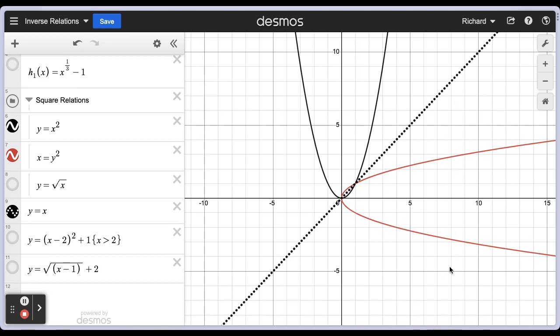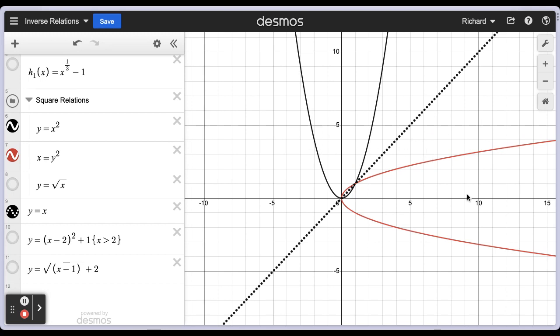So it's a relation, but it's not a function. If I go backwards, the failure of a vertical line test in the inverse means that it's failing a horizontal line test in the original function. That's the link between the two.